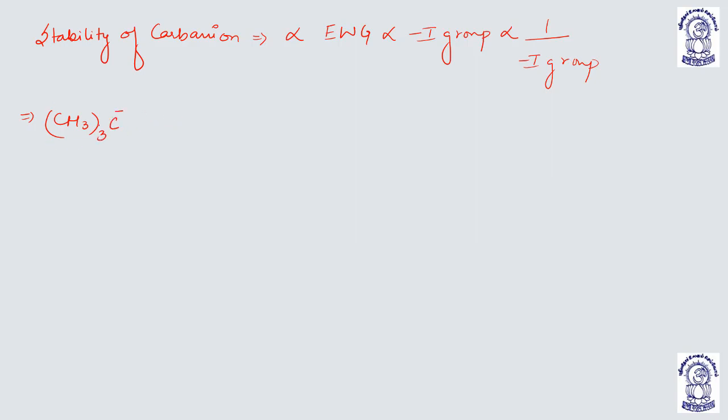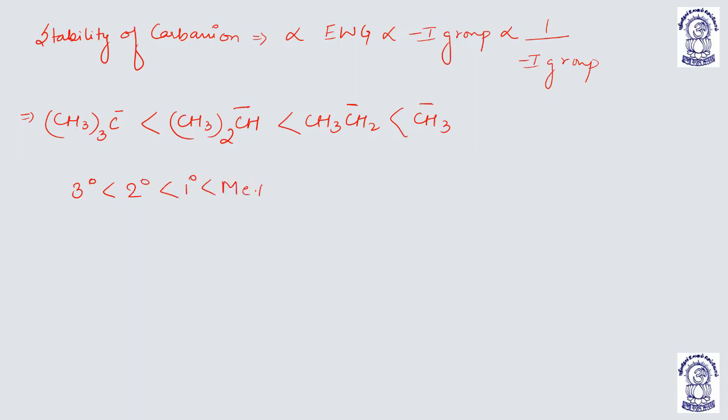Three alkyl groups will make the carbon more electron dense, which will decrease the stability to least stable. Then the primary, and then the methyl. So secondary is more stable than tertiary, primary is more stable than secondary, and methyl is the most stable. Understood?